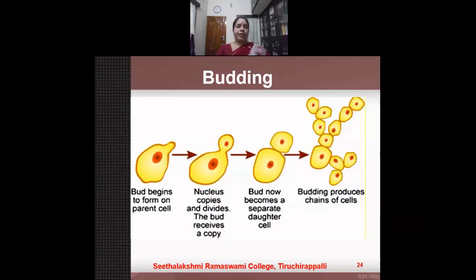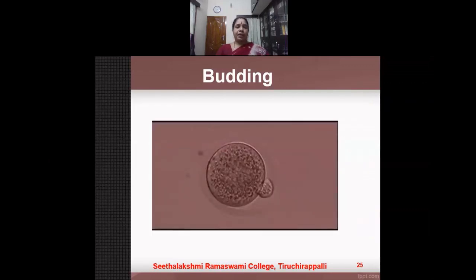So in the first image, we find that a small bud is there, and then there is the transport of nuclear material and formation of the transverse wall. Sometimes the budding process produces a chain of cells. Here you can find the process of budding in the bacteria.